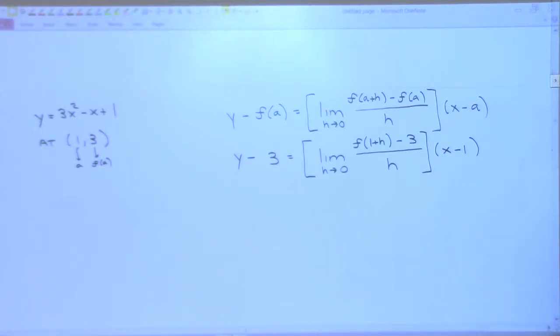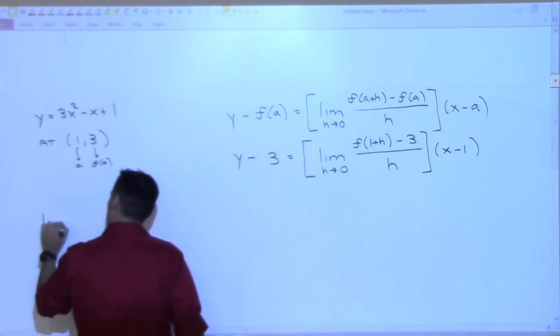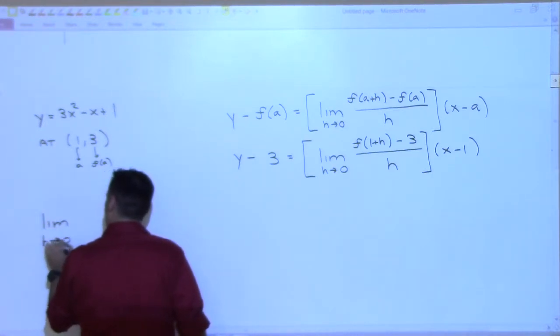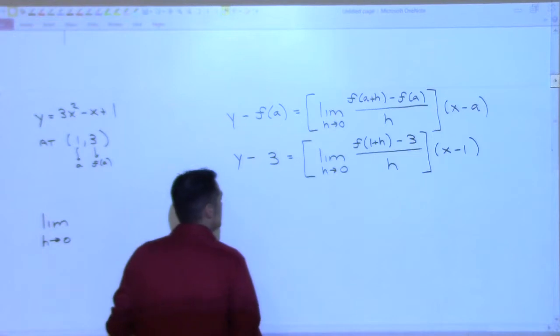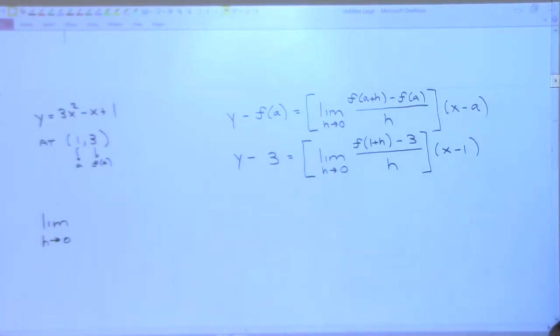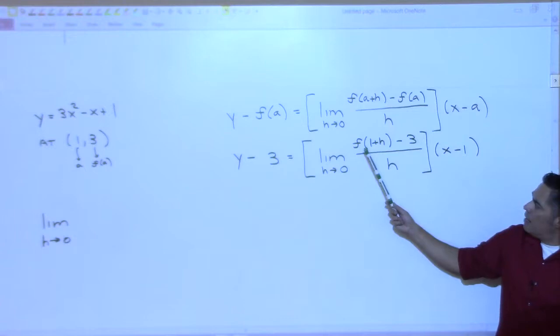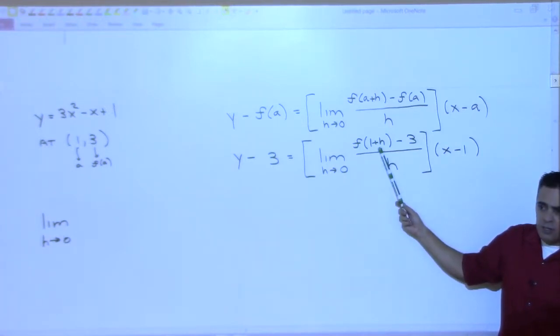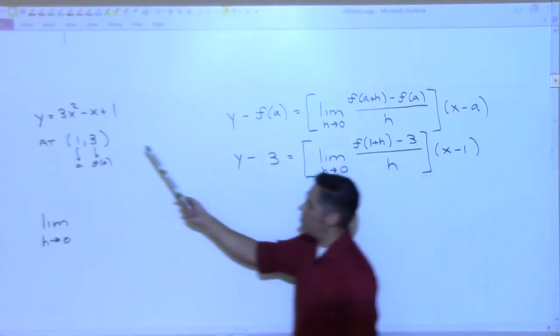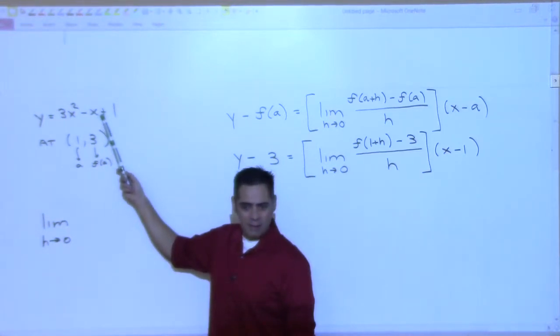Let's go do that limit. The limit as h approaches 0 of, all right, now we get to actually figure out what f of 1 plus h is. You're given the f function, aren't you? It's that parabola. And if you're told to plug 1 plus h into it, that means you're going to replace all your x's with 1 plus h's, right?